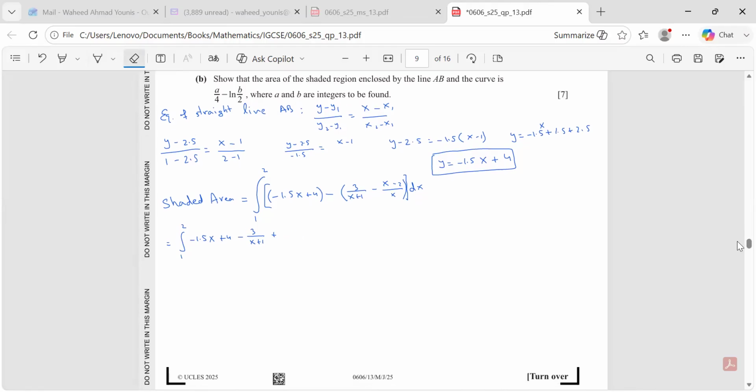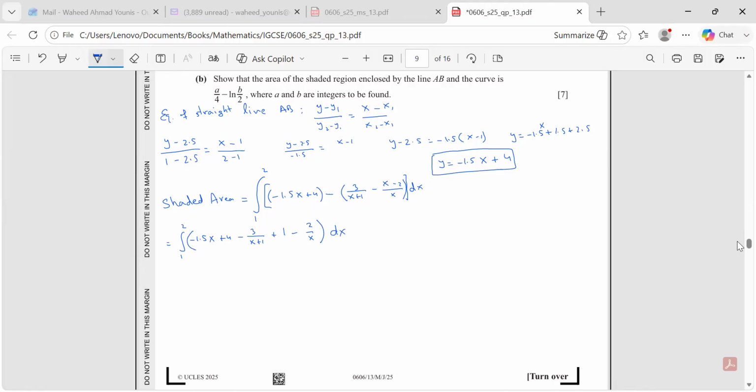So it is going to be 1, and then plus and minus, minus minus plus, 2 over x. And from here to here it is dx. I hope I am not confusing you, and I hope you are following all the steps.